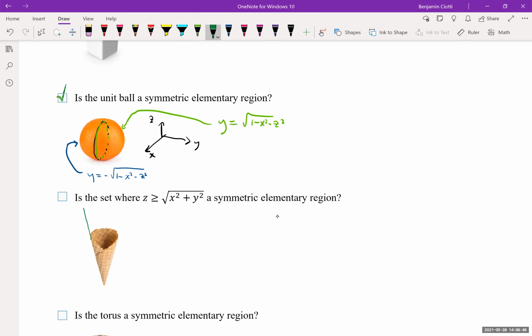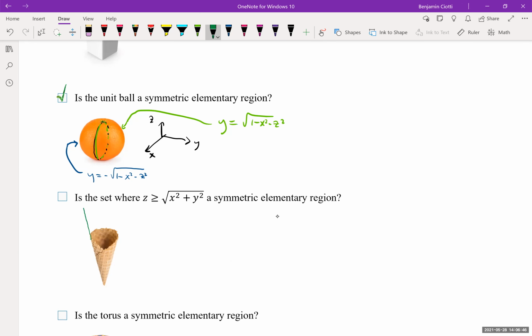It's the triple integral of 3. Could someone tell me what that's equal to? Oh, good, we can pull the 3 out.